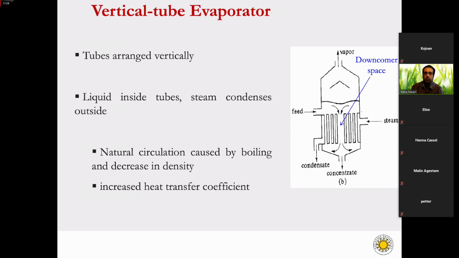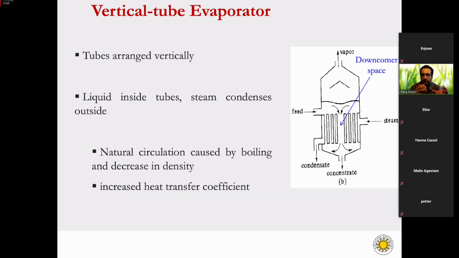Similar to horizontal tube evaporators, we have vertical tube evaporators. The overall construction of the evaporator is very similar, but the difference is that the tubes are placed not horizontally but vertically, right? In terms of the construction, we can see that there is natural circulation, which is caused by the boiling of the liquid and a decrease in the density, because we know when the temperature increases, the volume increases, and also the density decreases.